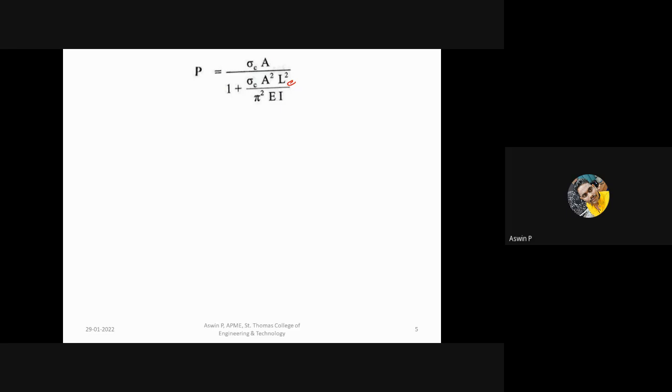You know that both sides hinged, or both sides fixed, or one end fixed and other end free, or one end fixed and other end hinged. In all cases we can commonly use the same relation. So we have the equation sigma C into A divided by 1 plus sigma C into A into LE square divided by pi square EI.